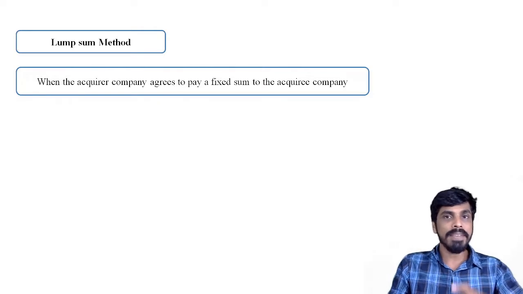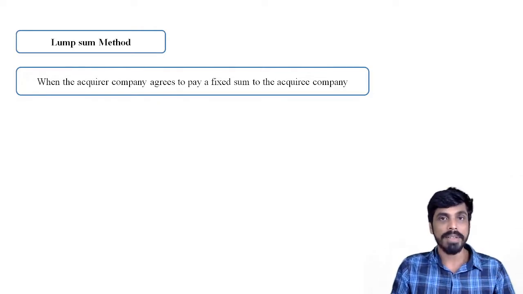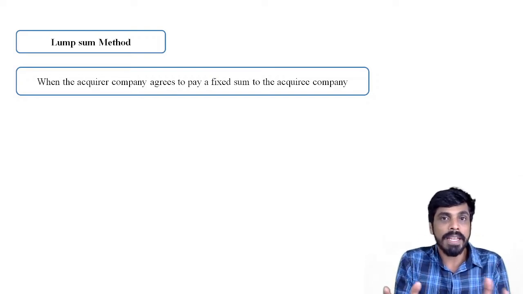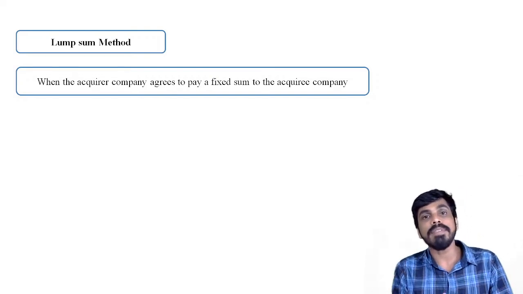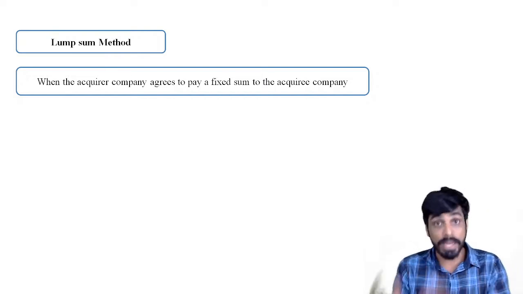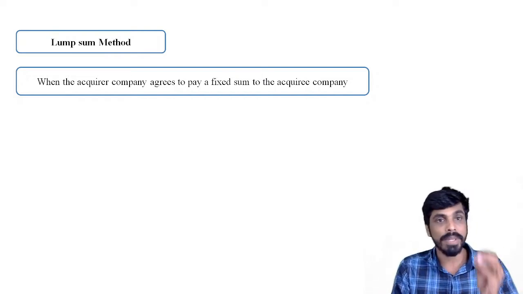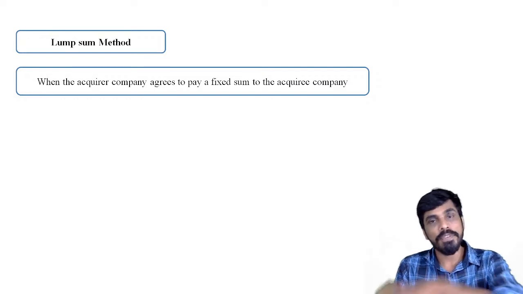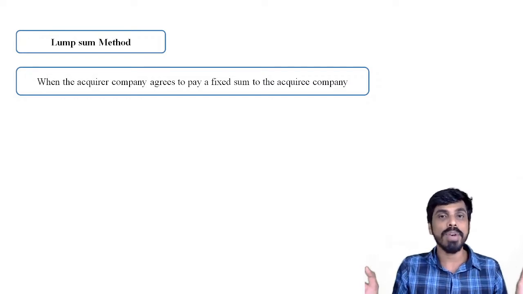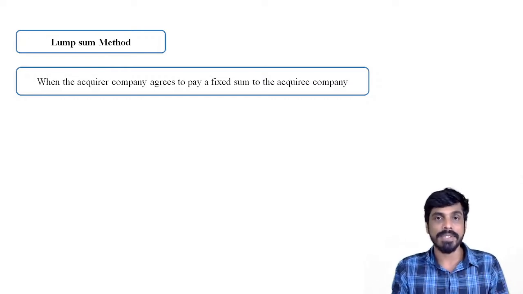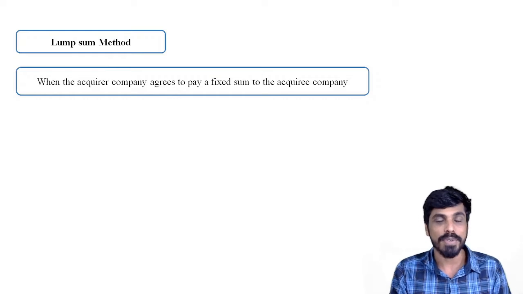The acquirer and acquiree company together will decide an amount, a large sum of money that will be given by the acquirer company to the acquiree company. That means when the acquirer company agrees to pay a fixed sum of money to the acquiree company, there is no confusion, no calculation, no difficulty. They together fix a sum of amount that will be the purchase consideration. The acquirer company will say, I am going to give this much amount to you, and I am going to take over your business. So nothing more.